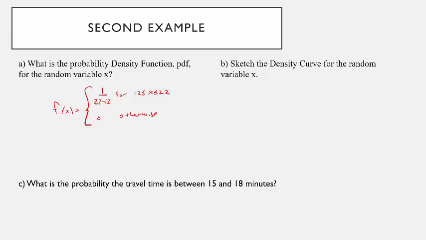So let's clean up 22 minus 12. That's just 1 over 10 for x between 12 and 22 and 0 otherwise.